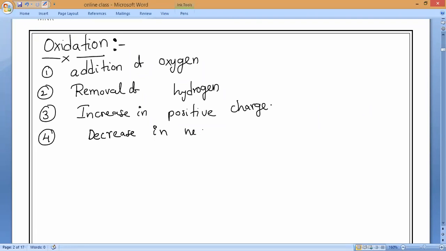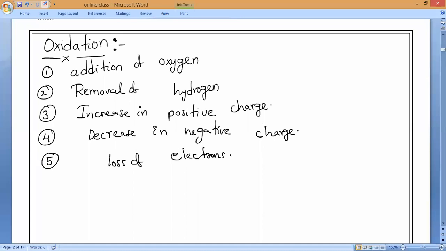Decrease in negative charge is also what we call oxidation only. And the last one is loss of electrons. Loss of electrons we used to call oxidation.